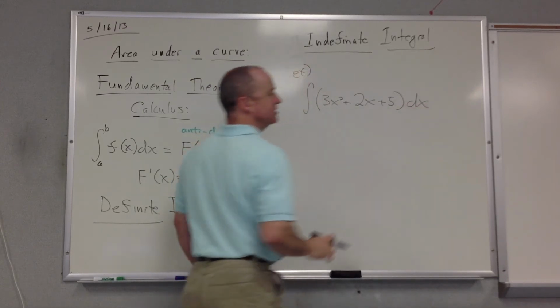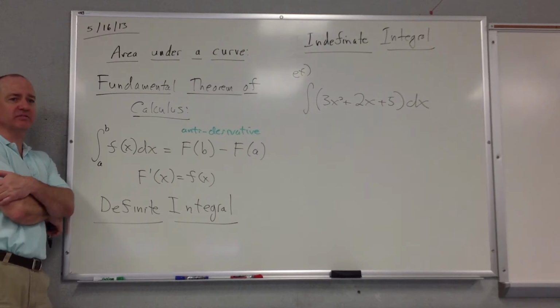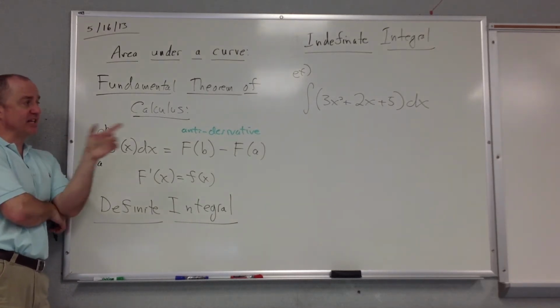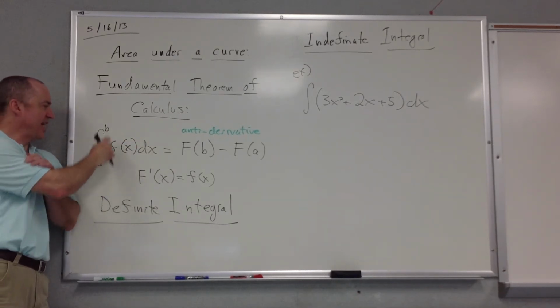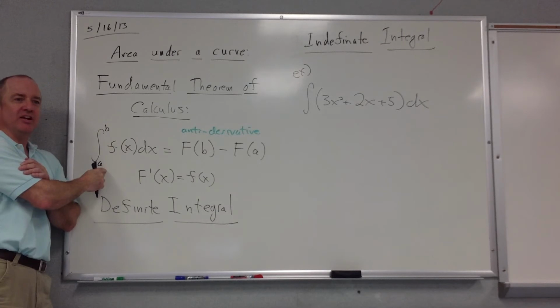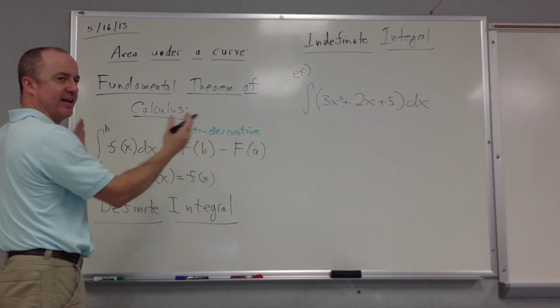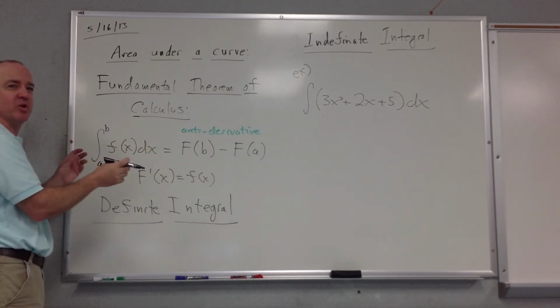I have my dx at the other side. What don't I have on this new example? I don't have the a and b. I don't have these x values. I don't have from 0 to 3 or a to b. I don't have an interval over which I'm being told to find the area.